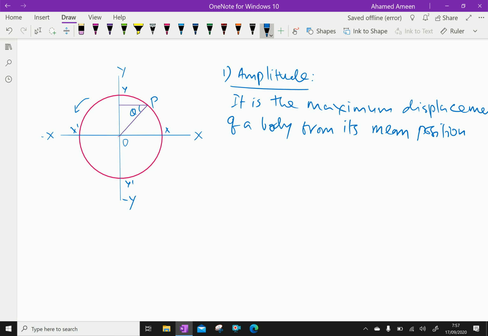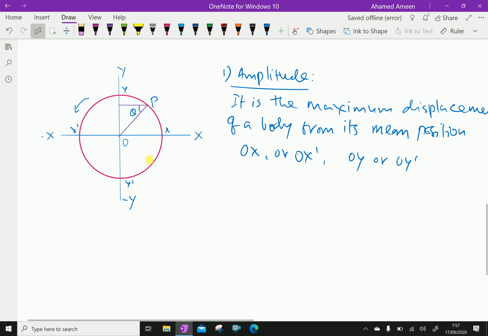That is, here the amplitude is OX or OX dash, and OY or OY dash.